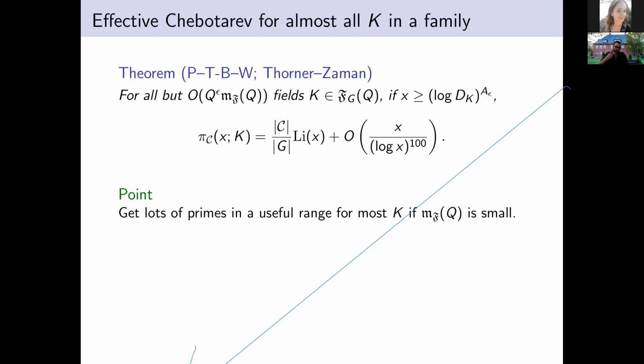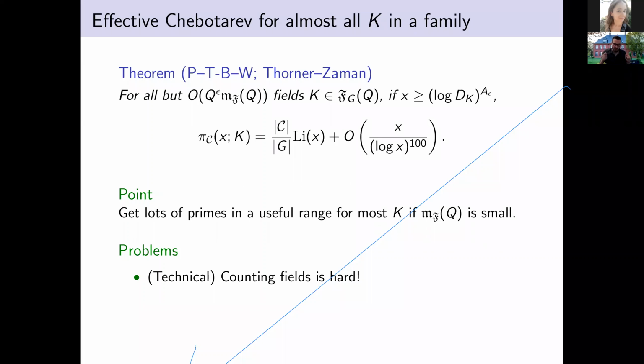So there are two problems that arise when you look at this theorem. The first is technical, which is that counting fields is a really hard problem. We are very terrible as a society at understanding the number of fields that have some given Galois structure. And correspondingly, it's going to be even harder to understand how these fields intersect.